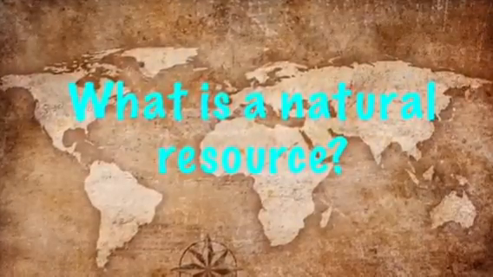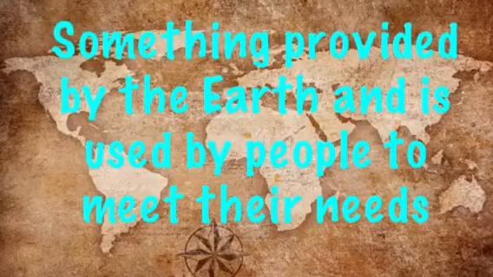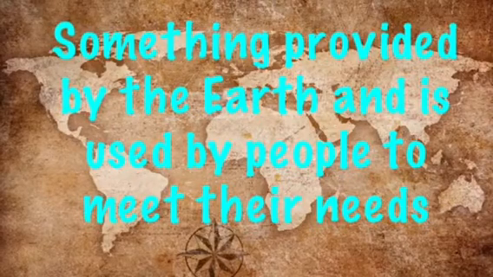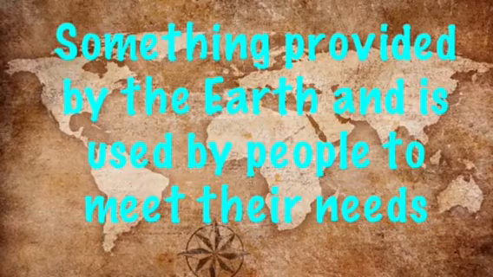What is a natural resource? A natural resource is something provided by the earth and is used by people to meet their various needs, such as their need for food, clothing, and shelter.